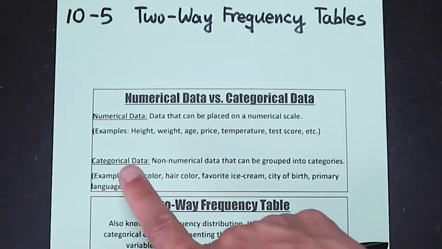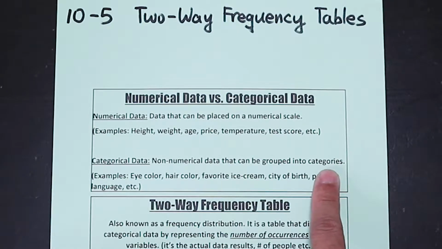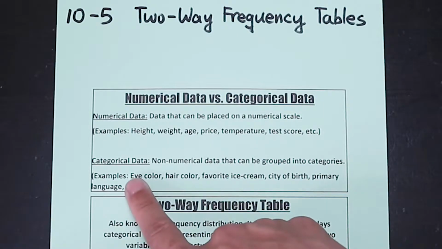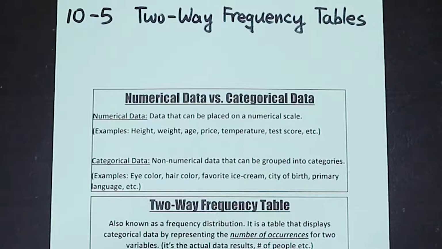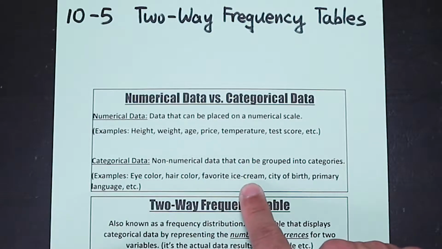On the other hand, categorical data are non-numerical data that can be grouped into categories. If I were to ask you what's your eye color, some say brown, some say black, some say blue. They are not numerical, they are just the names of colors. Likewise for hair colors. If I were to ask you what's your favorite ice cream, same thing.